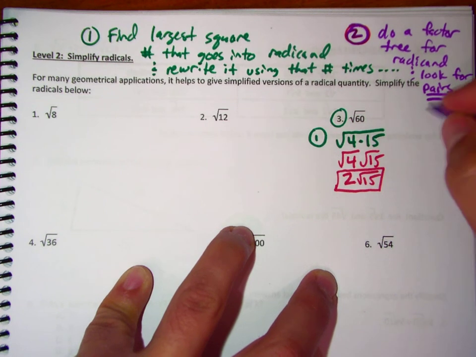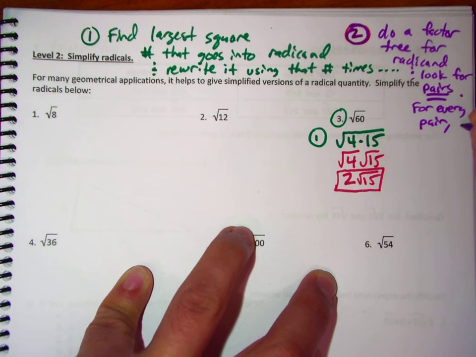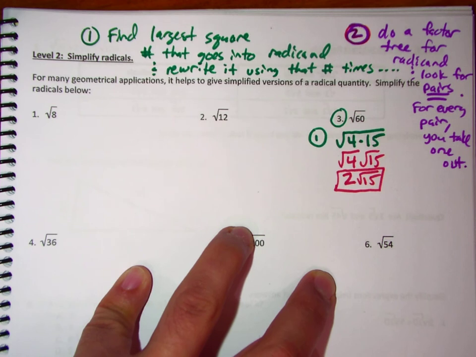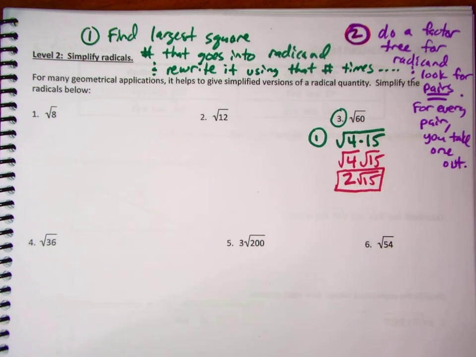For every pair, you take 1 out. That seems kind of confusing when you write it out, but essentially here's what it looks like.